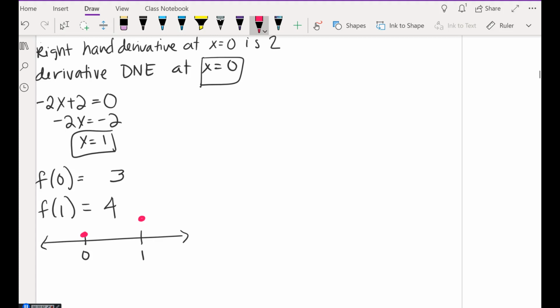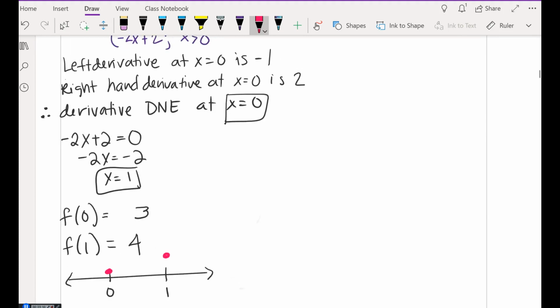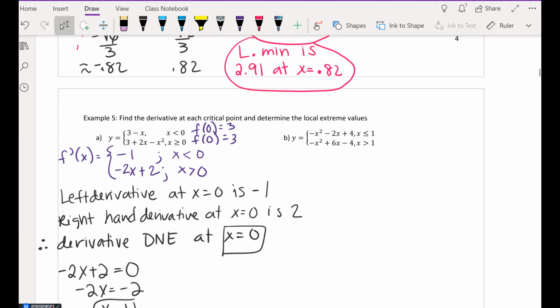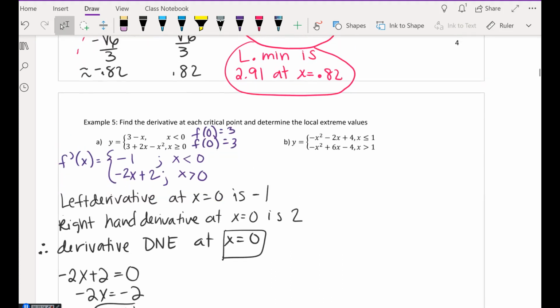Plug it in. Let's look at the ends. When x goes toward negative infinity, which piece are you going to plug in? The first piece, negative x plus 3.